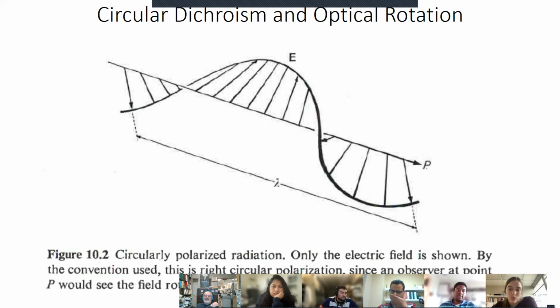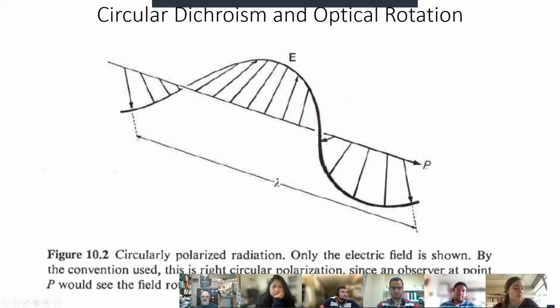However, light doesn't have to be polarized in a single direction. Light can actually be circularly polarized, so that the light is actually rotating as it goes along the path from the source to the direction that it's going.